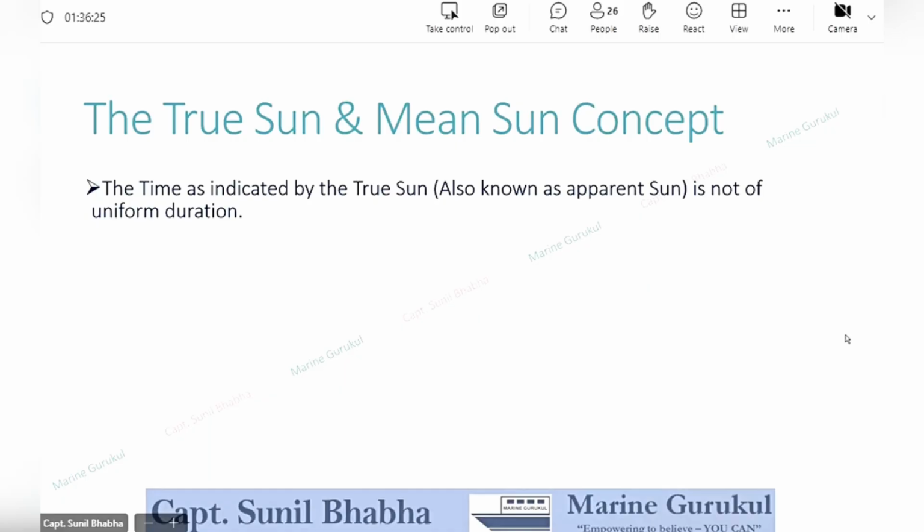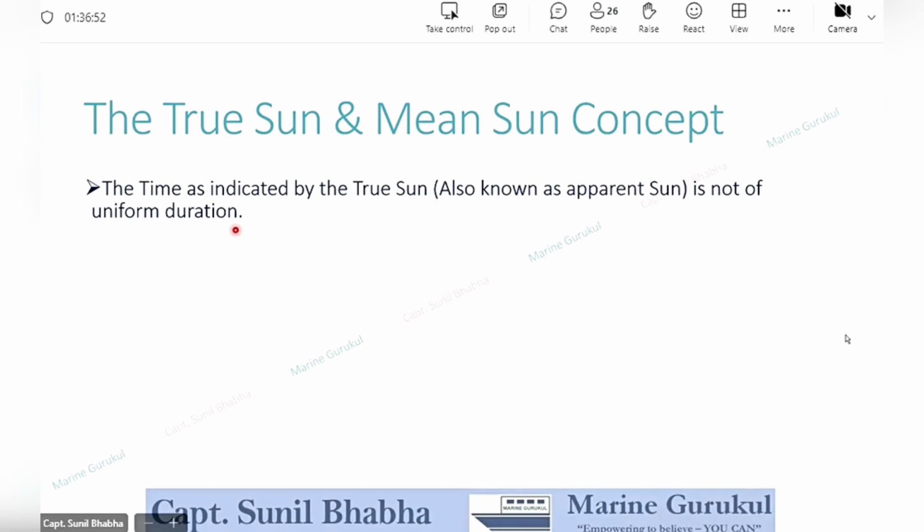Now when we started measuring time using the sundials, we came to know that the unit of time which we measured using the sundial is not of a uniform duration. So the time as indicated by the true sun, also known as apparent sun, through a sundial, is not of a uniform duration.